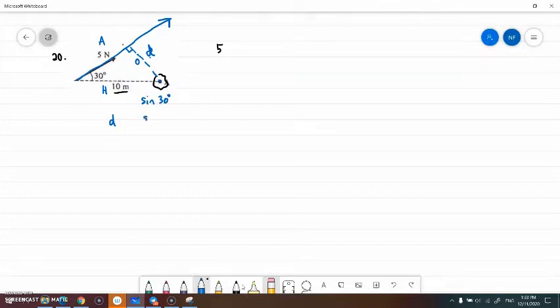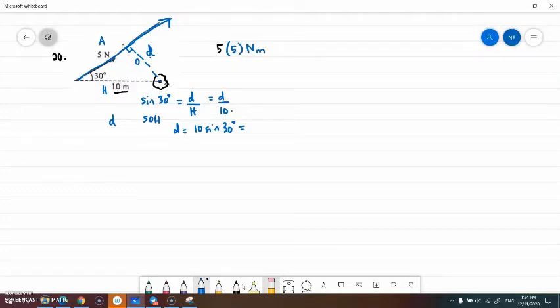Sine 30 is opposite over hypotenuse, so D over 10. So D is 10 sine 30, so your answer would be 5. So the distance here is 5 meter.